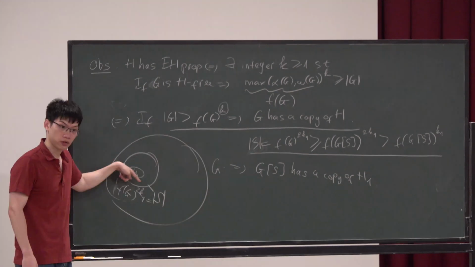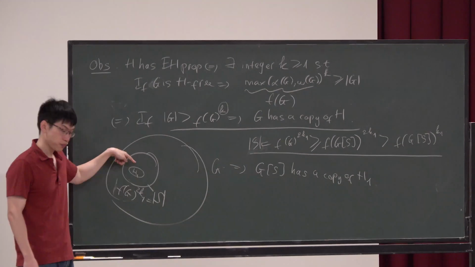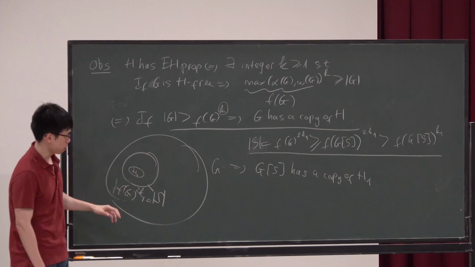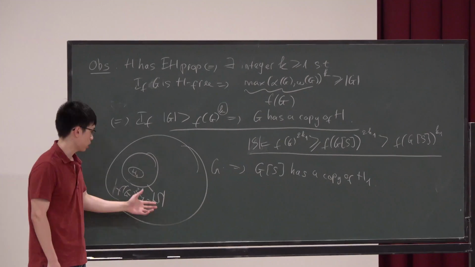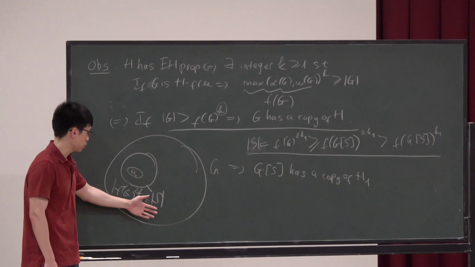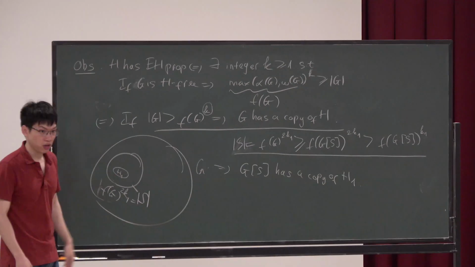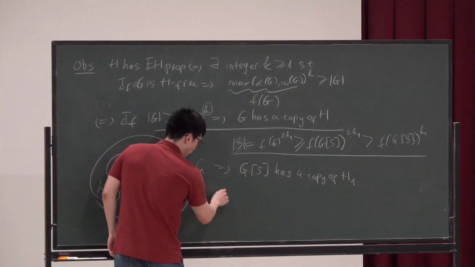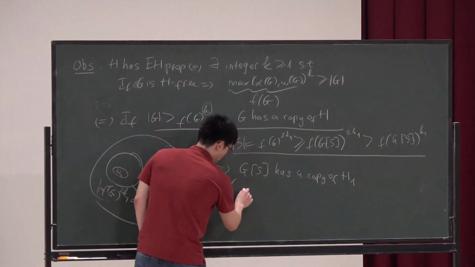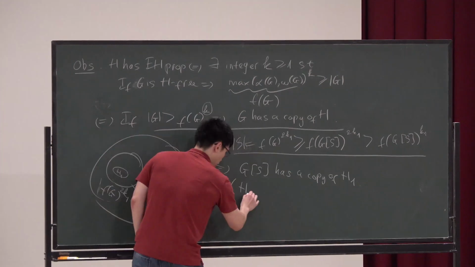So what this means is, no matter what vertex subset S you choose, you're always going to see a copy of H1. So now what you want to count is the number of pairs, let me say, H1 and S. Right.